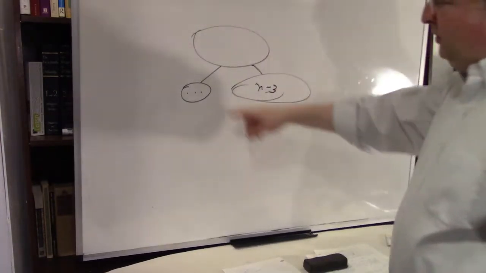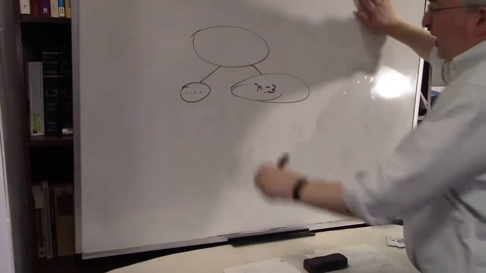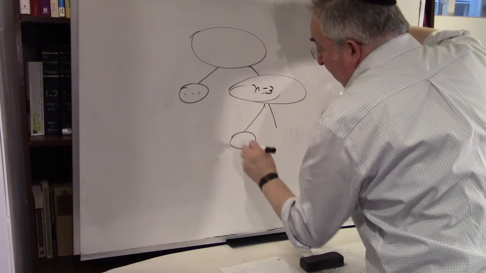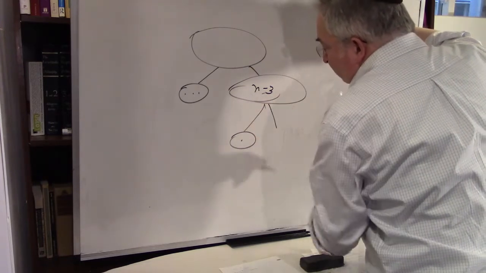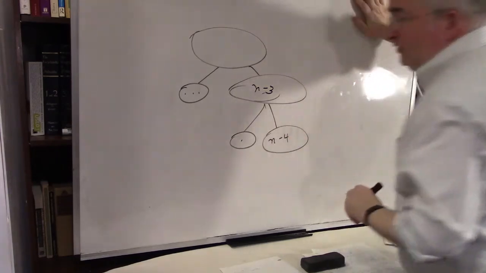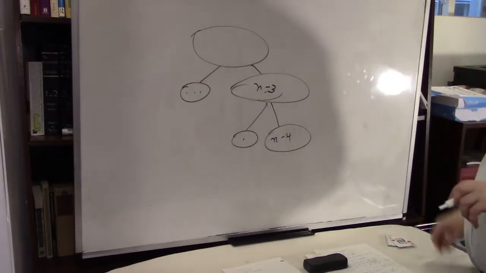This one you're going to have to split up. Now again, let's say you have a bad pivot here, and you only have 1 card here. So this is going to be n minus 4 cards.